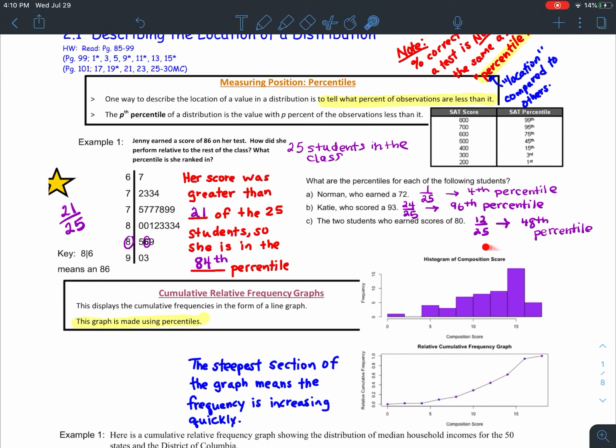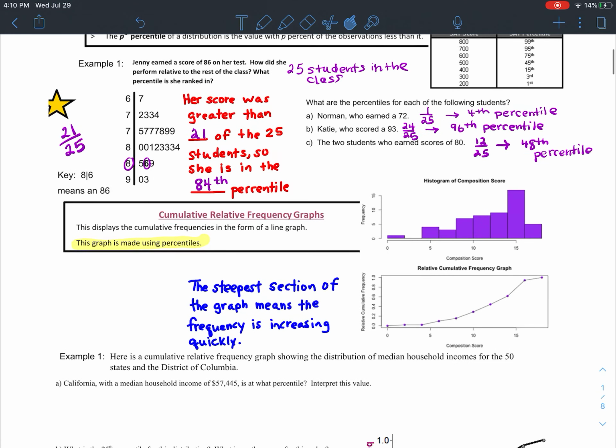Over here you can see we basically have a histogram, and this is converted into what we call a cumulative frequency graph. I'm going to just highlight the word cumulative here. What I want you to take note of is how this accumulates as it climbs.